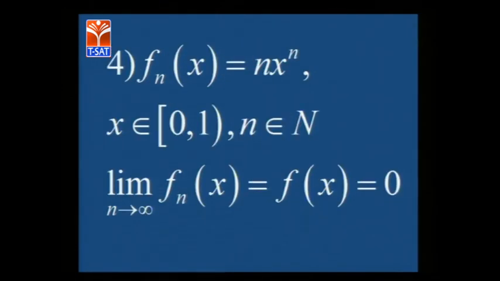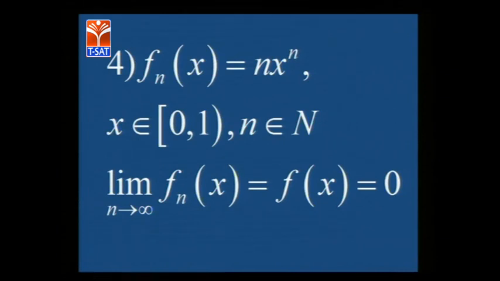Narendra sir explained the fourth example with a demonstration. Suppose in the fourth example fn of x is equal to n into x to the power of n, where x belongs to the interval closed 0, open 1, and n belongs to N. In this case, suppose we take a particular x value in this interval, say x is equal to 1 by 2.